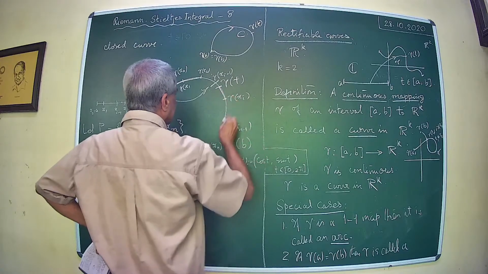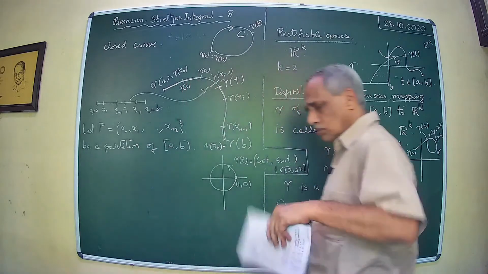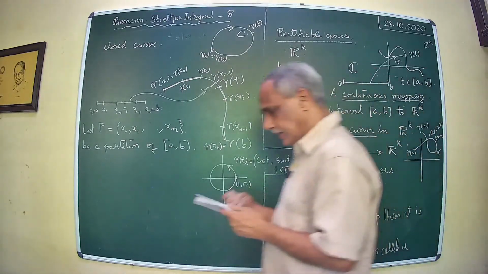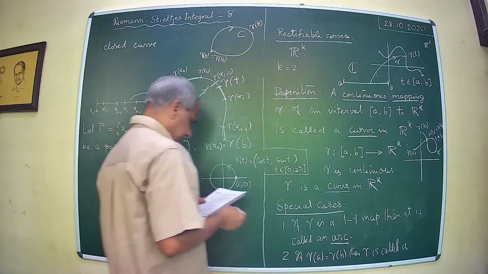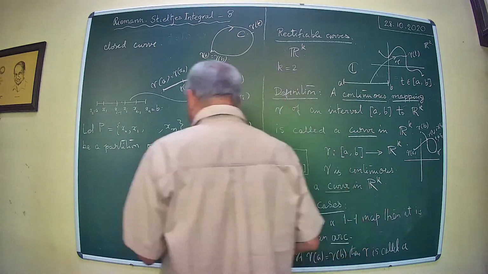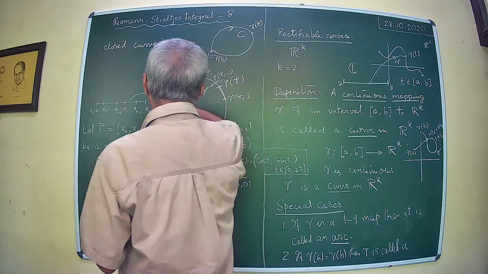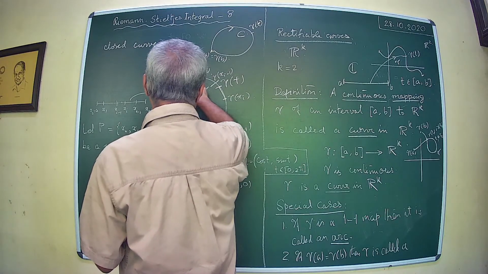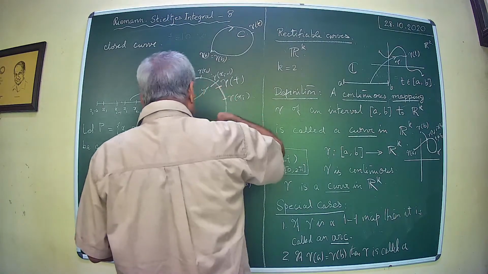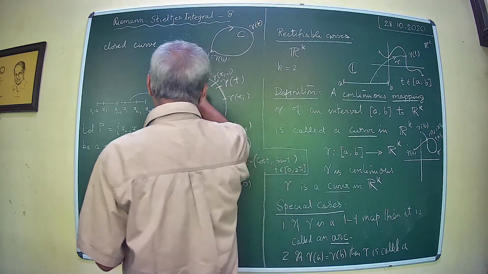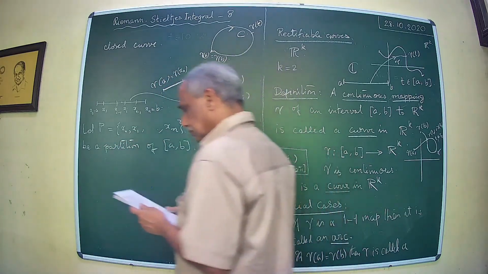So we construct a polygonal path, and the polygonal path is obtained by joining gamma x naught to gamma x1, gamma x1 to gamma x2, and so on, gamma x(i-1) to gamma xi by straight line segments, and then you get a continuous polygonal path.